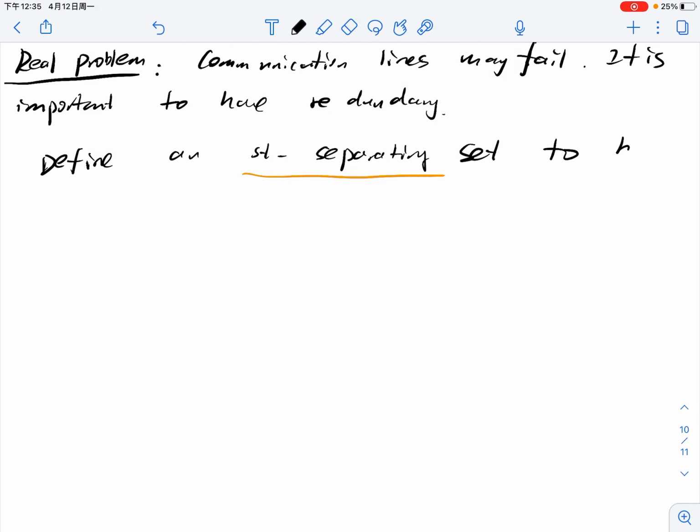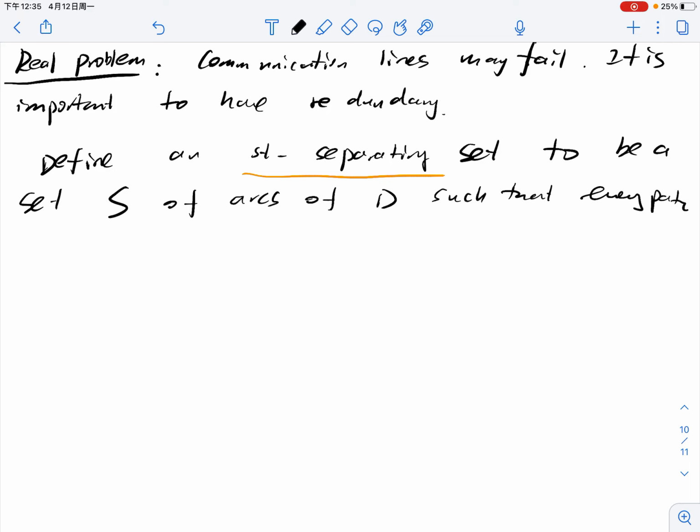It is a set S of arcs of D such that every path from S to T uses at least one arc in S. In engineering, people will keep an eye on the separating set.